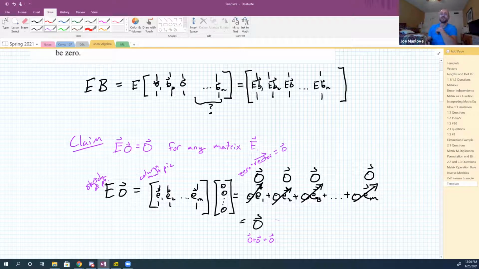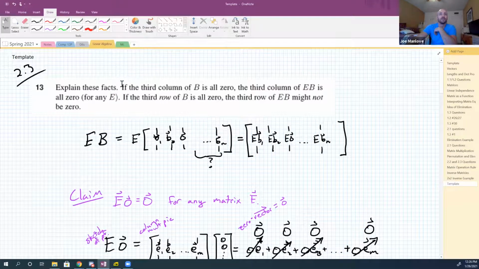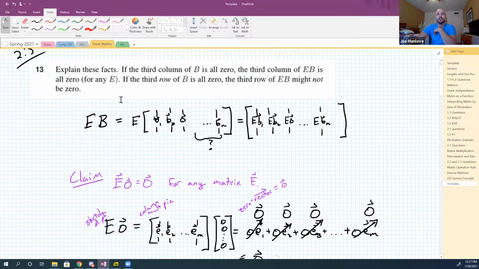Okay. So what I've found here is essentially their claim, this fact: if the third column of B is 0, the third column of EB is all 0. My explanation would be writing the following down. E times the third column of B is the third column of EB.